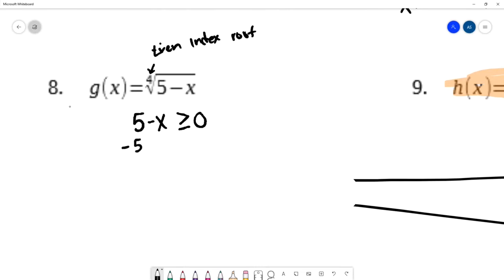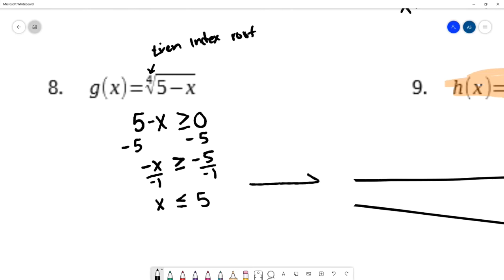We're going to subtract 5 on both sides. This is negative x is greater than or equal to negative 5. We're going to divide both sides by negative 1. When we divide an inequality by a negative, we reverse the inequality. We have x is less than or equal to 5.